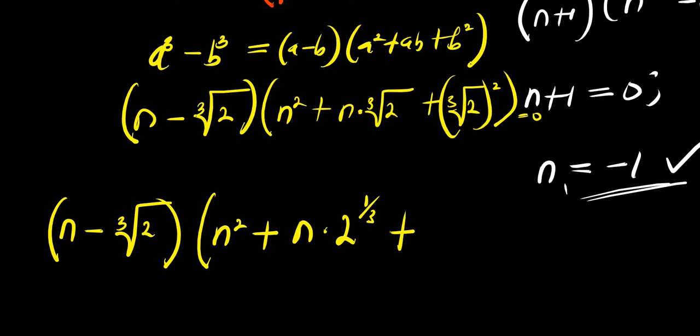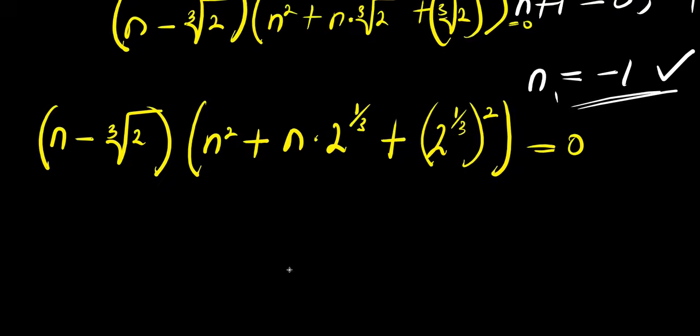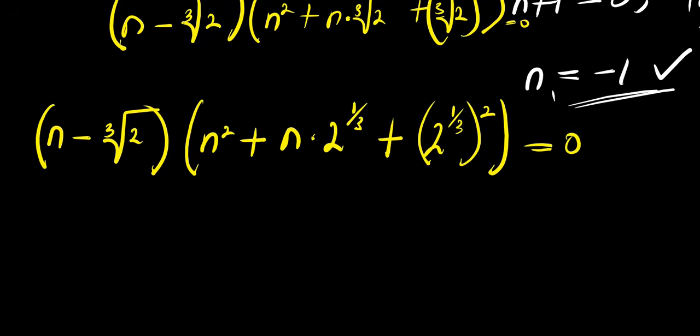I have plus, this is just like writing 2 power 1 over 3 to the power of 2, right? It is the same thing as having it this way, and everything equals 0. Have you seen that?